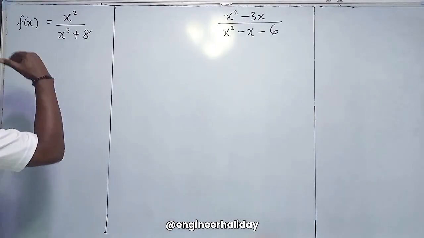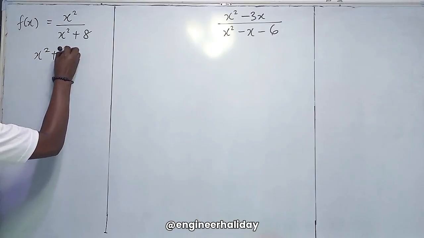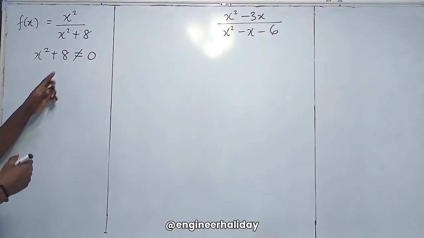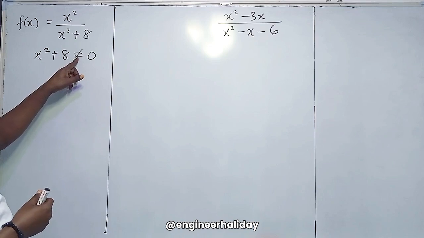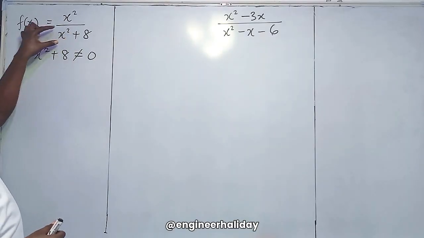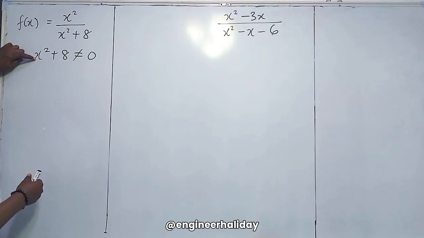Now, to look for the domain of this rational function, just equate the denominator to not be equal to 0. But funny enough, if you look at this particular question, we want to make sure that this denominator must not be equal to 0. Now, if you check the variable here, this is a quadratic function.